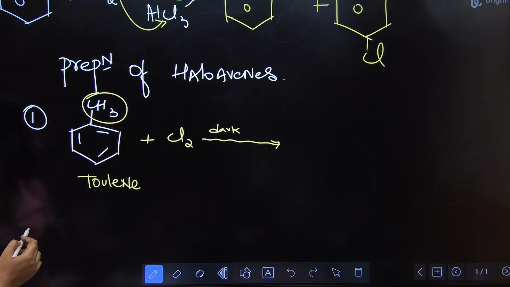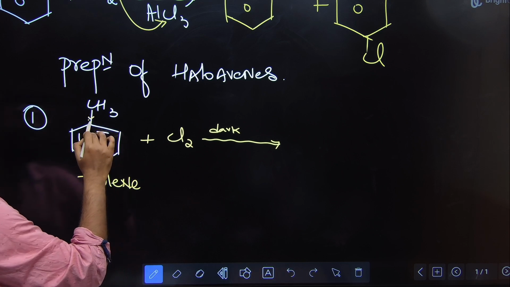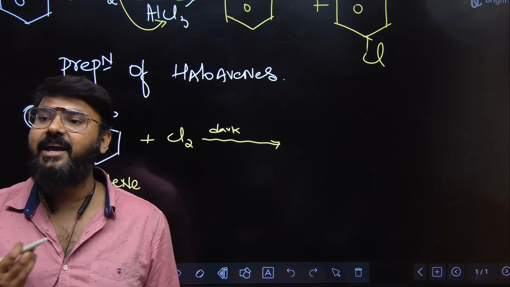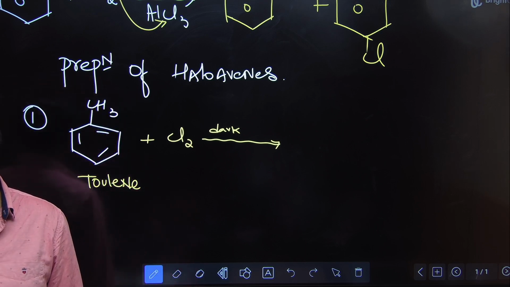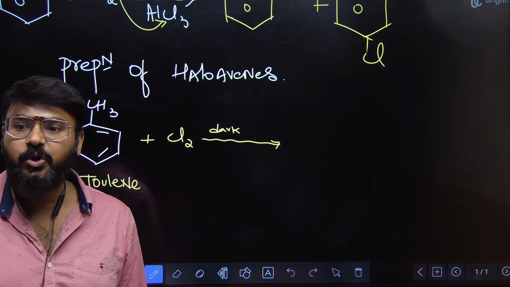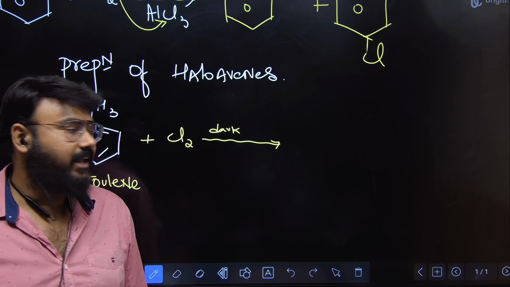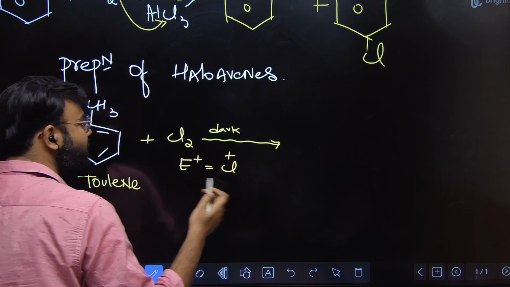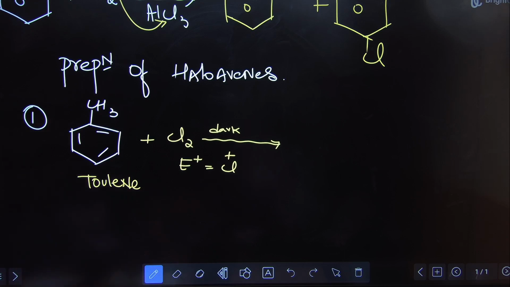When they donate electrons to the ring, they are also ortho and para directing, just like halogens. So any side chain that donates electrons towards the ring is ortho and para directing. So you people are smart. What is your electrophile here? Cl plus. So write down the answer. It's very easy. So ortho-halotoluene and para-halotoluene, right? Aditya, you got it, no? Yeah, perfect.